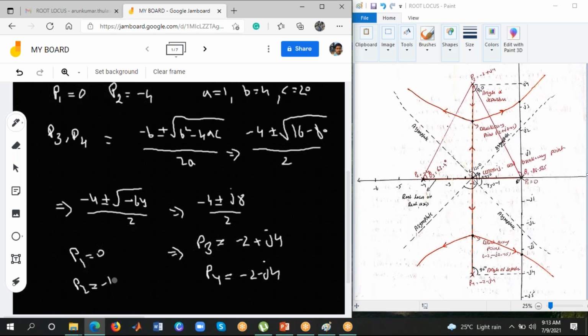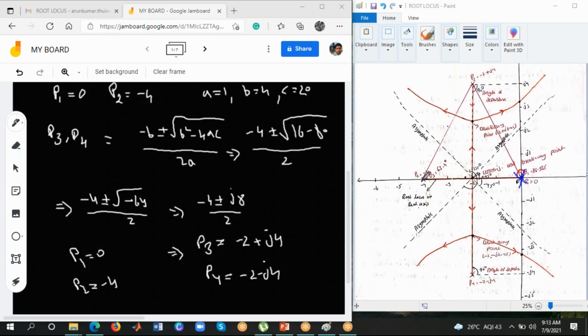Now we are going to locate these four poles. The first pole is located at the origin. So here the first pole is located, P1 equals 0, and the second pole is at minus 4.